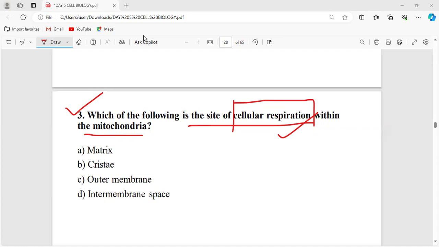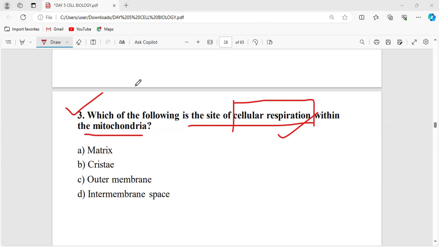Glycolysis, Krebs cycle, that is the tricarboxylic or citric acid cycle, and electron transport chain, where oxidative phosphorylation will happen. Everything comes under cellular respiration.